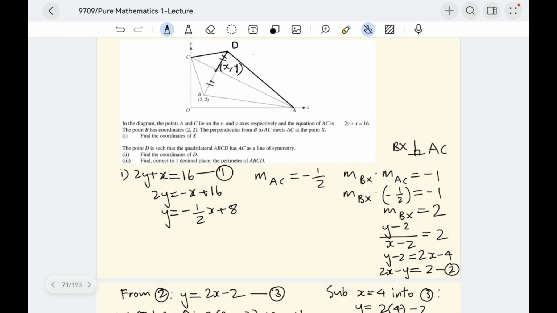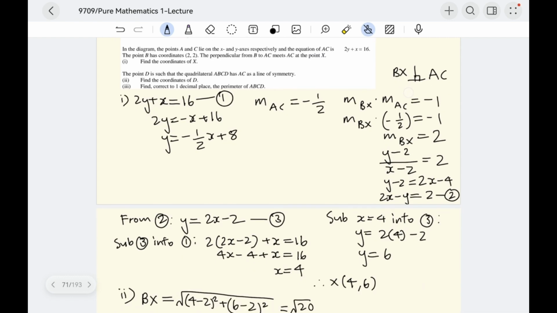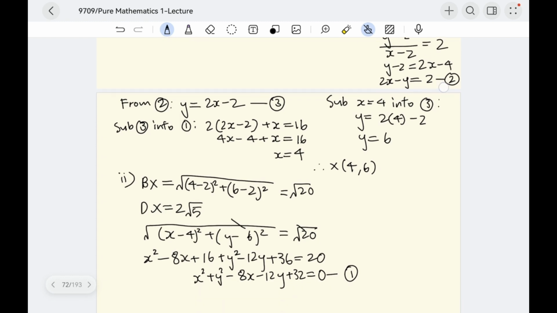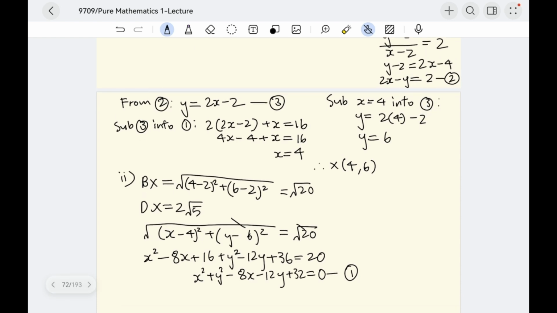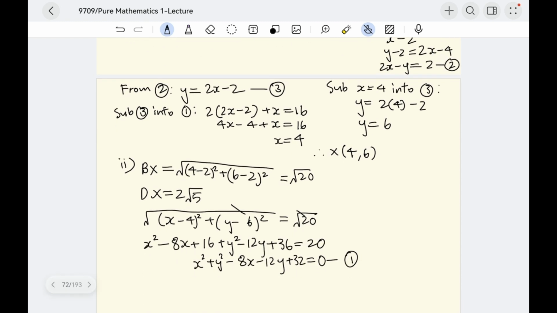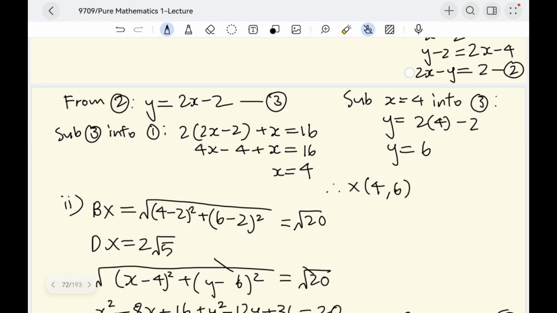And of course, you have the equation of BX already, which is also the equation of BD since the gradients are the same. So you will have 2x minus y equals 2 as equation 2. Now it's time for you to solve for x and y.